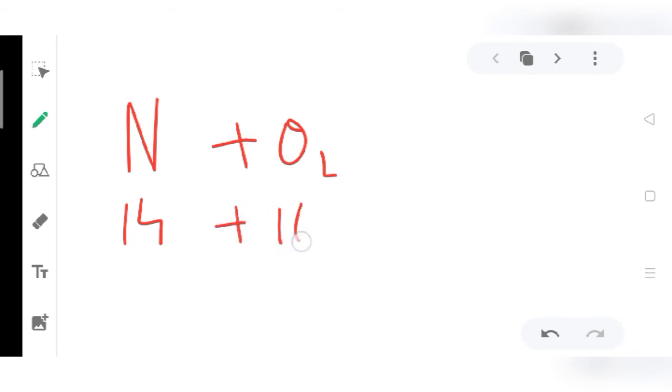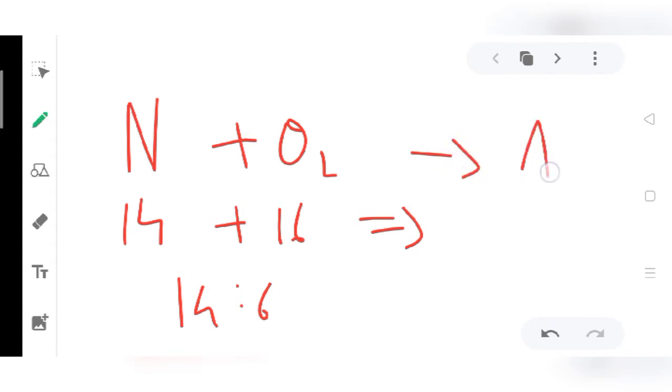Another example to show a simple ratio for the law of multiple proportion is nitrogen plus oxygen, O2. Here the atomic weight of nitrogen is 14, plus 2 into 8 for oxygen, that is 16. So it bears a ratio of 14 to 16, forming NO2.